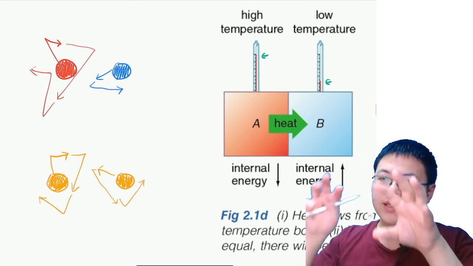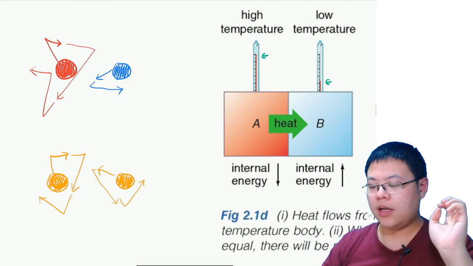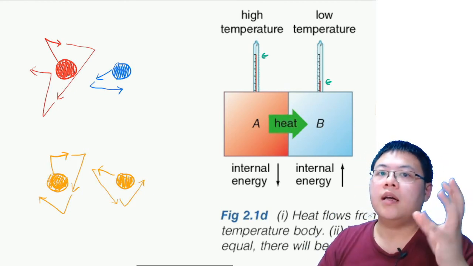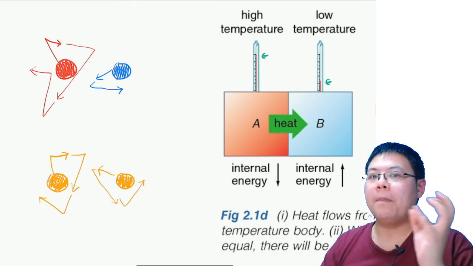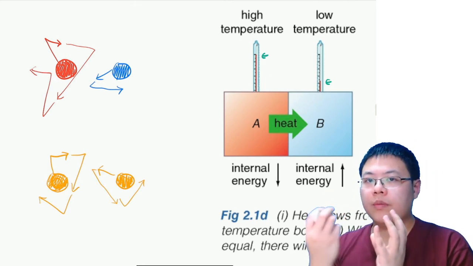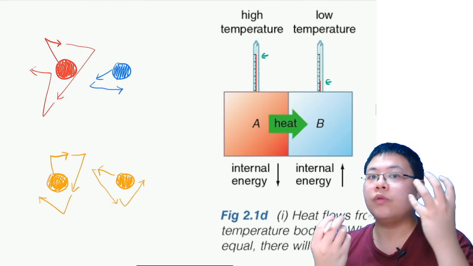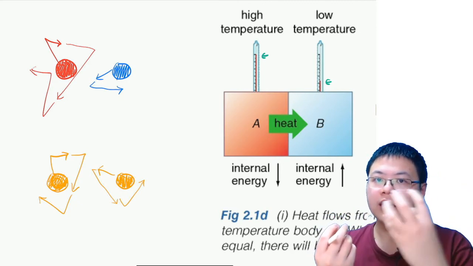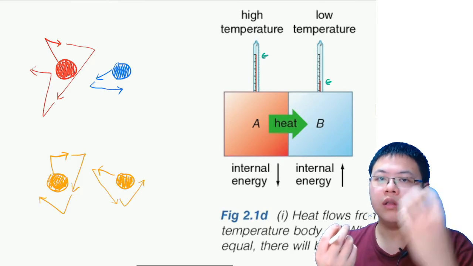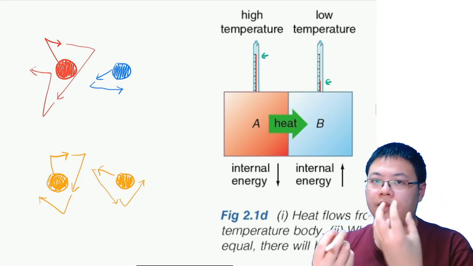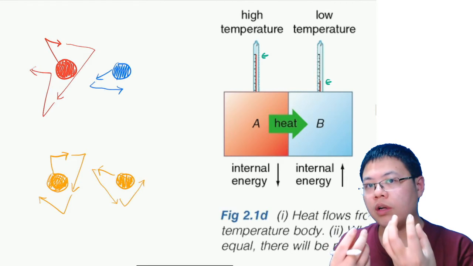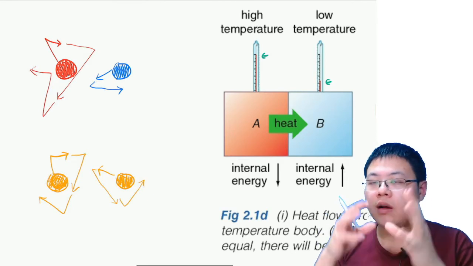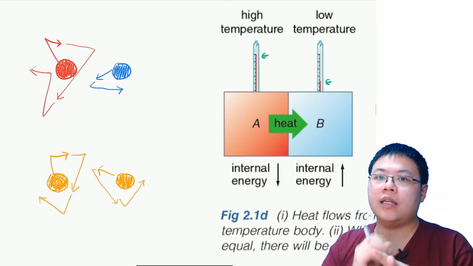But when these two molecules are next to each other, maybe on this surface between A and B, the fast moving molecule will bump into the slow moving molecule, and kinetic energy will transfer from the collision. The fast moving molecule will slow down a bit due to the loss of kinetic energy, and the slow molecule will speed up due to the gain in kinetic energy. Okay, at the molecular level, that is what happens.